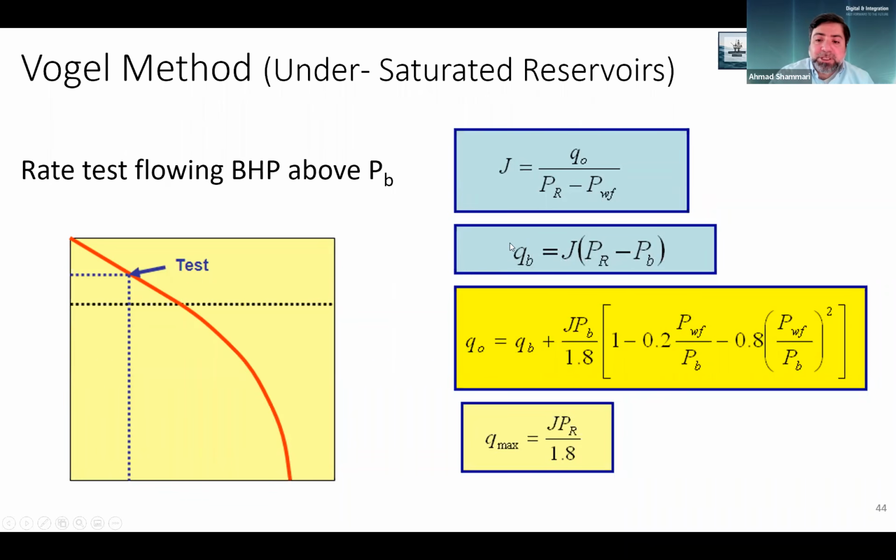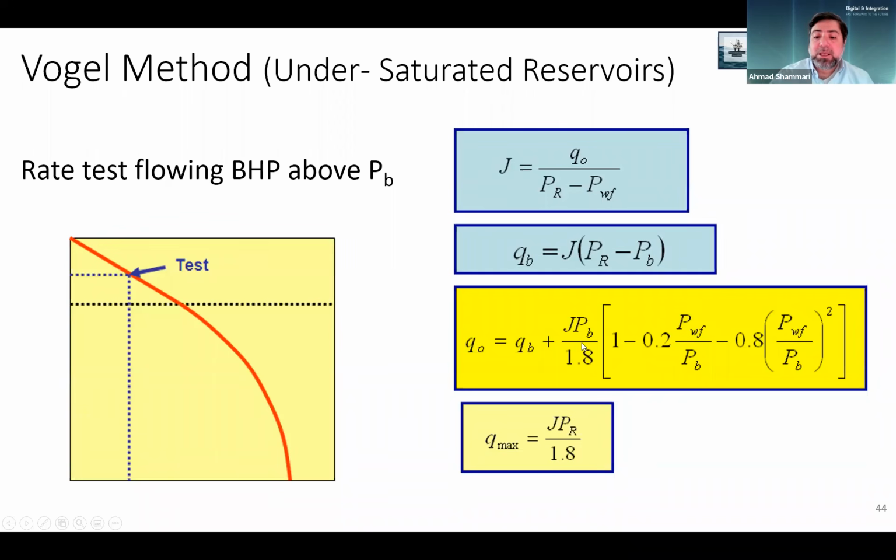And now this term here will go into a new form of Vogel equation, which actually uses QB. So Q_o equals QB. What is QB? QB is the flow rate at the flowing bottom-hole pressure equal to the bubble point.